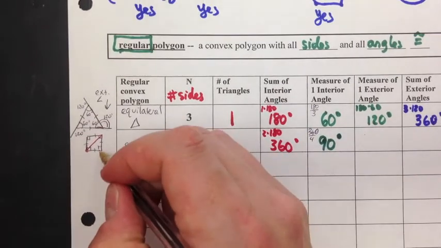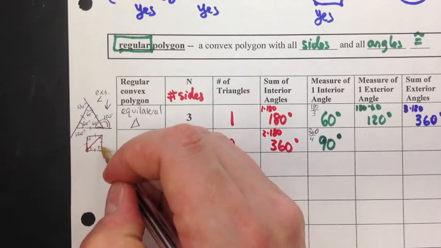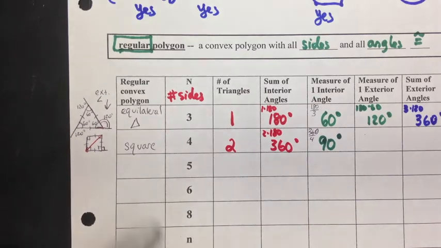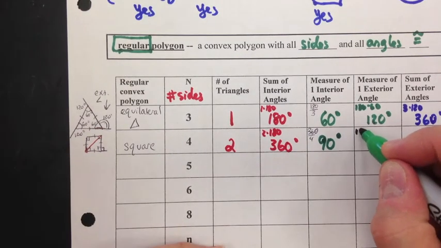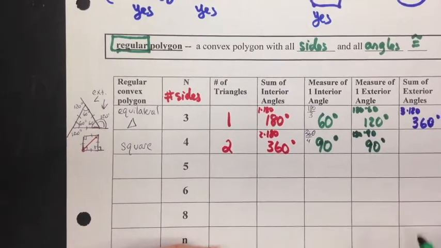Now, an exterior angle, well, next to a 90 degree, that would have to be another 90 to add up to 180. So the exterior angle would be 180 minus 90, which is also 90 degrees.